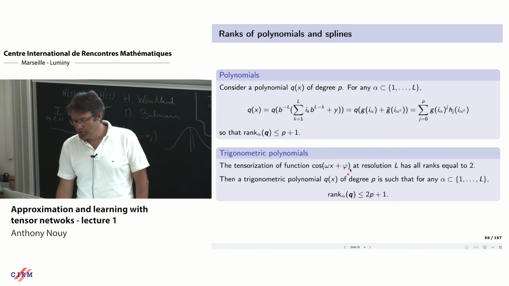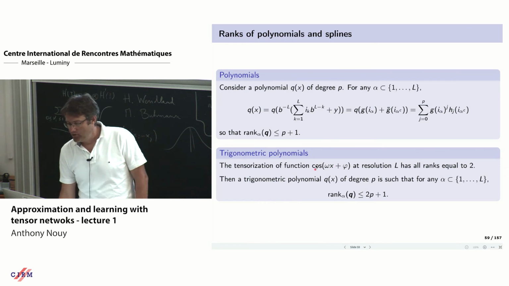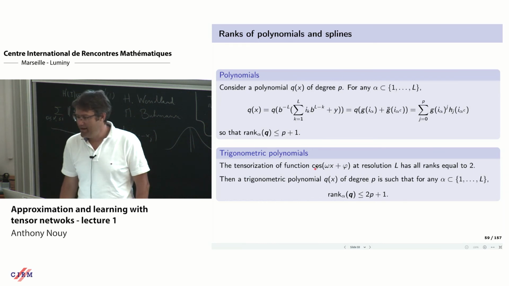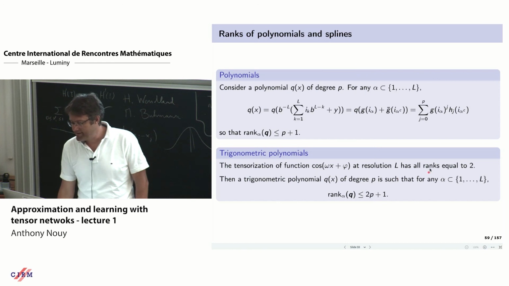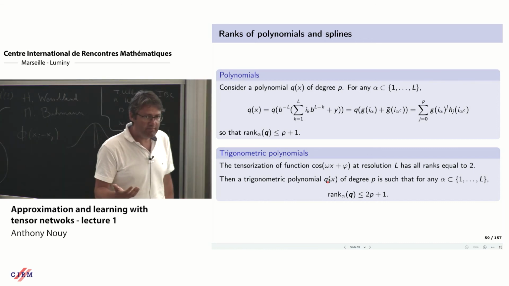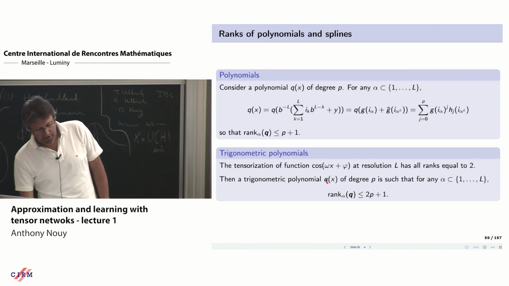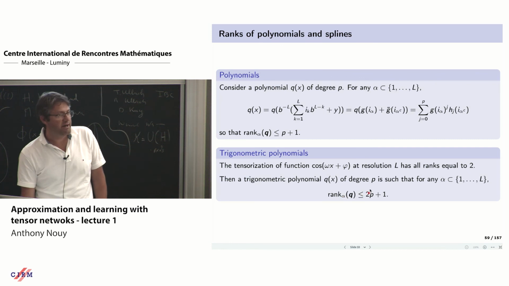You can easily show that for cosine of w x plus phi, whatever w and phi, because x is the sum of the different variables, you expand the cosine and you see easily that the ranks are all bounded by 2. So a trigonometric polynomial of degree p, a sum of cosines and sines, will have alpha rank bounded by 2p plus 1.